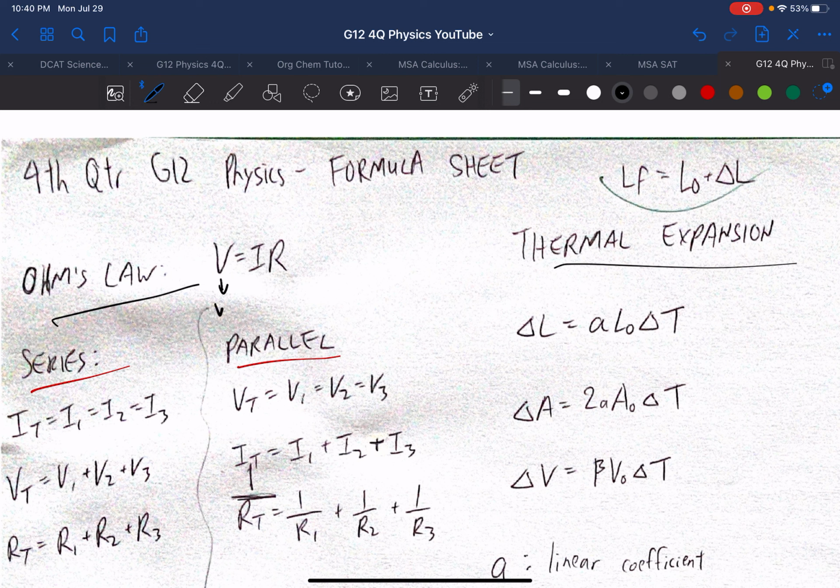Voltage is in volts, current is in amps, and resistance is in ohms.